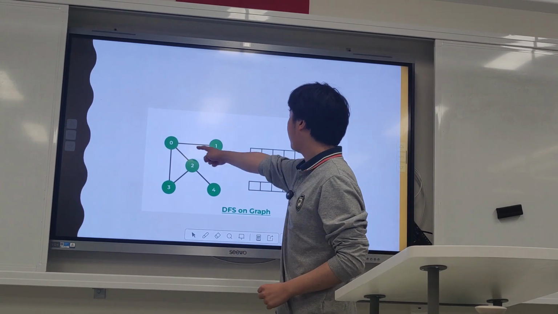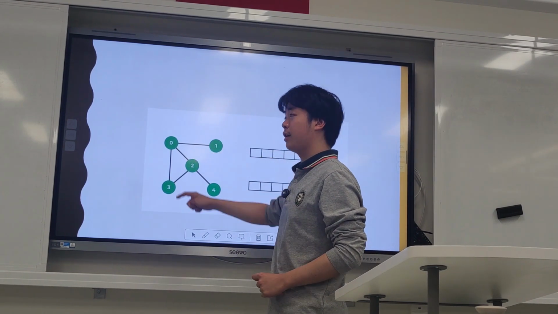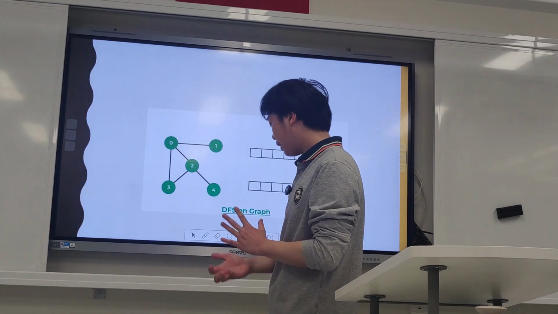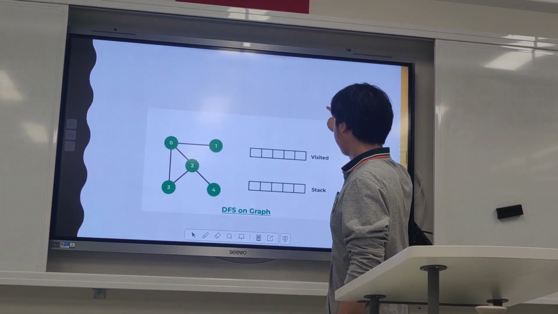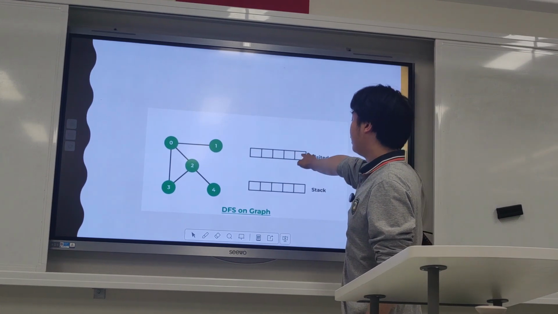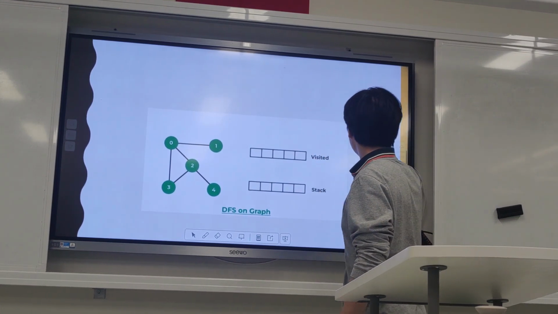Here we have a graph that contains a cycle, and it is a directed graph. We have an array to store the visited nodes, and here is a stack.